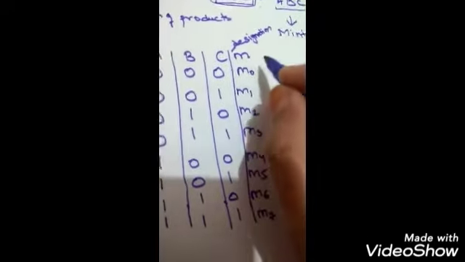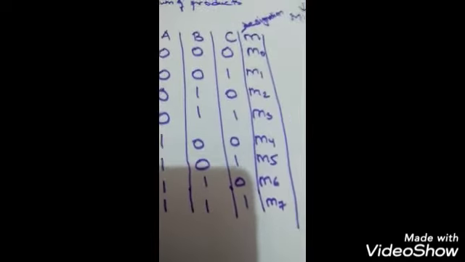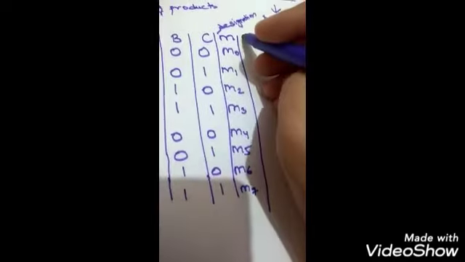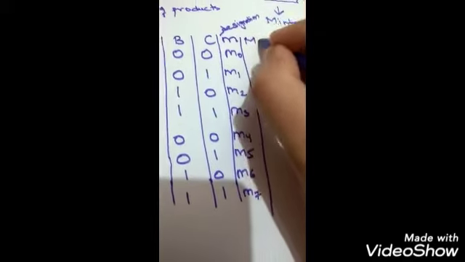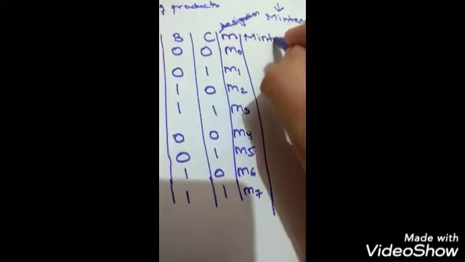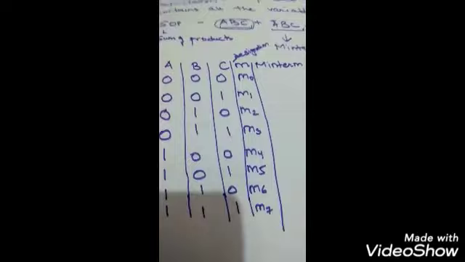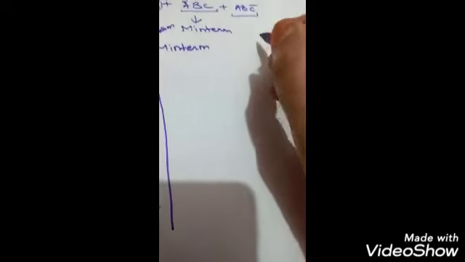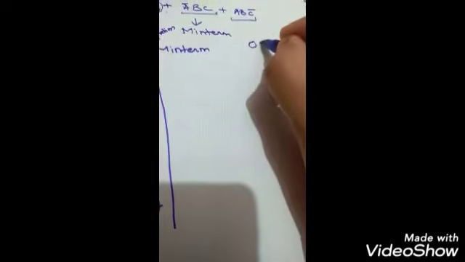So how will we write the minterm for this? For writing minterms, we take 0 as a complemented variable and 1 as a normal variable. For the minterms we take 0 as complemented and 1 as uncomplemented.